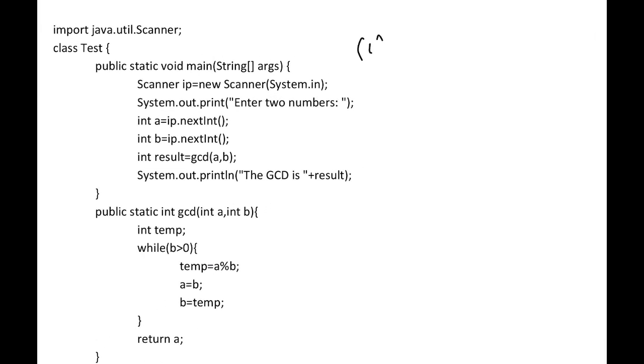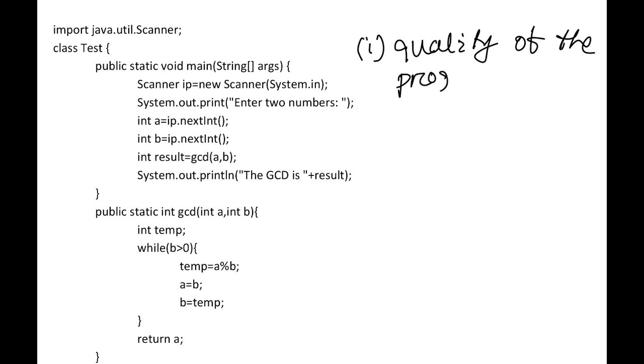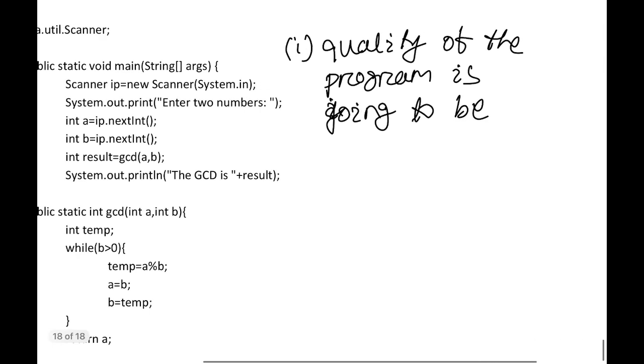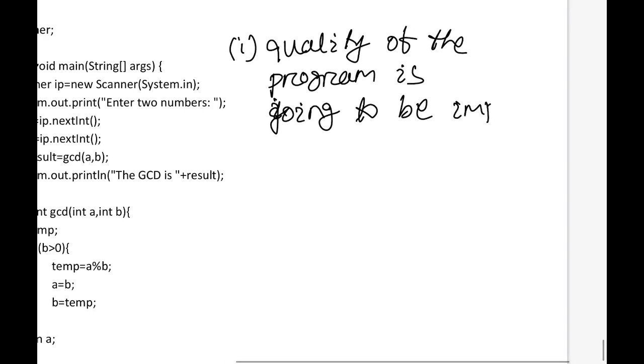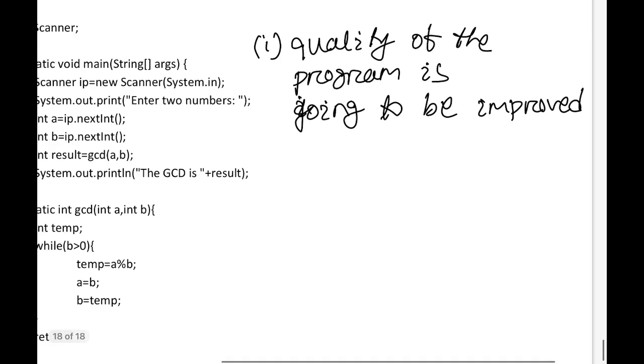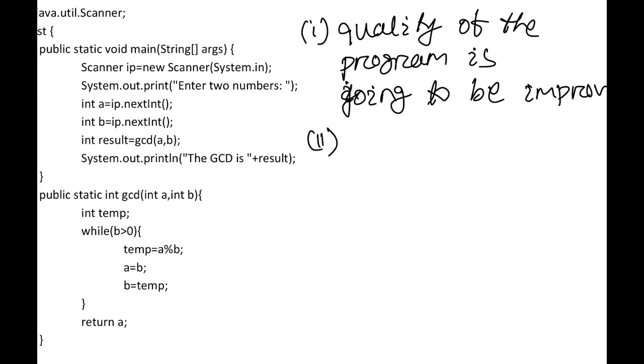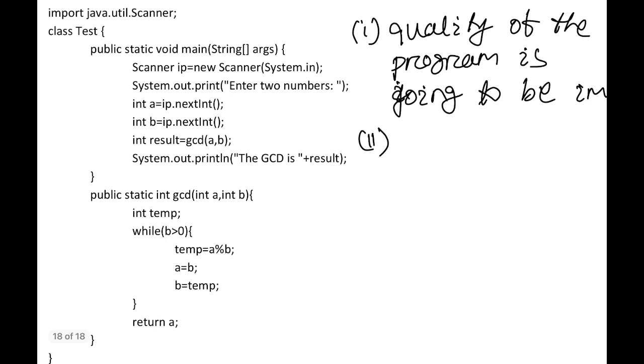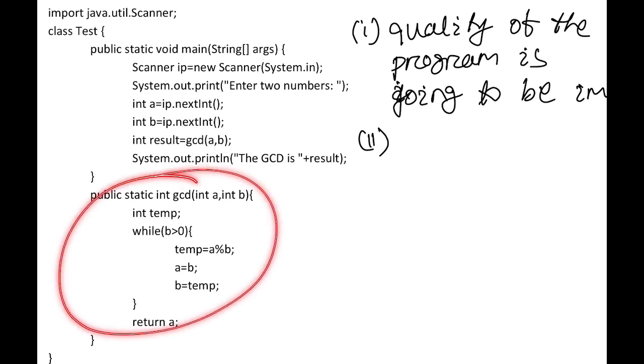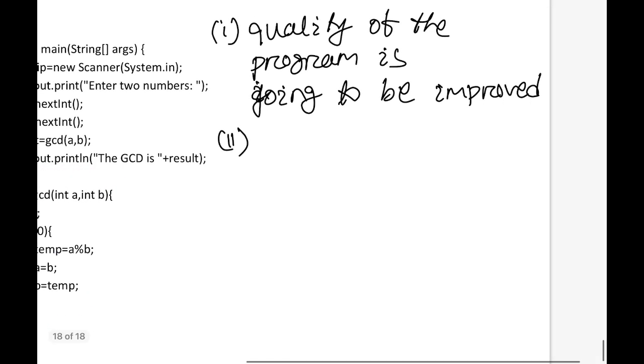So the first benefit we are getting: the quality of the program is going to be improved if we use methods. And here you can see it is easy to read, because we are calling the method and this part is computing the GCD. So the program is easy to read.